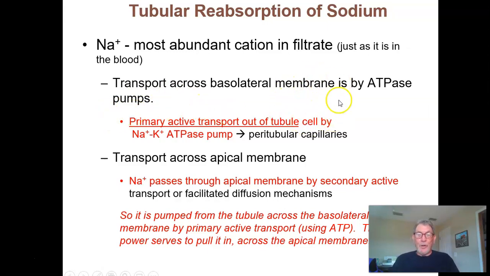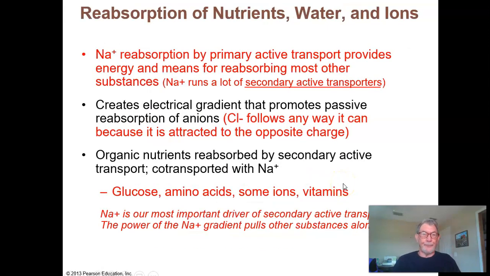So if you keep the sodium-potassium pumps running on the basolateral membrane 24/7, you can keep this concentration gradient of sodium moving this way and use the power of sodium to pump in solute from the other side using secondary active transporters. Sodium reabsorption by primary active transport provides the power to absorb most other things by secondary active transporters.